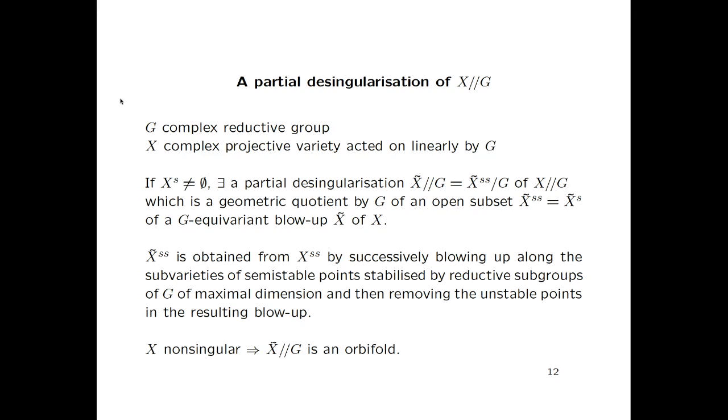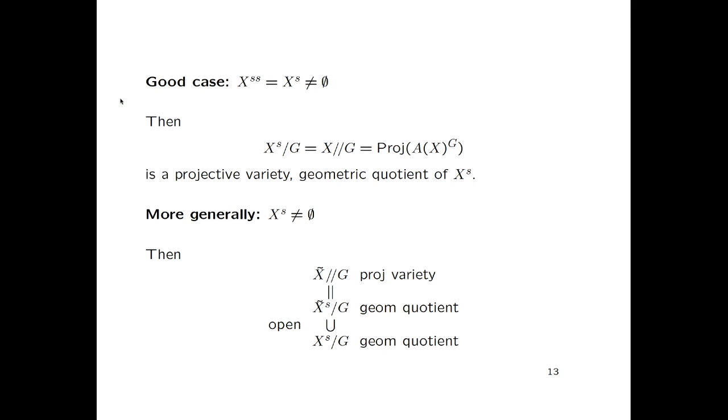So you can think of this as giving you a different projective completion of the quotient of the stable set, which is less singular. You've essentially got rid of the singularities caused by the group action.